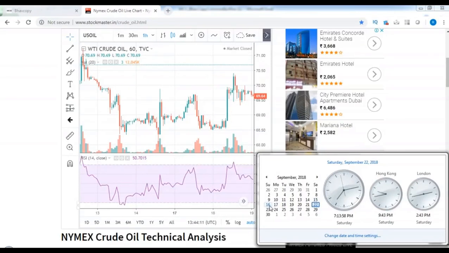If you look at it, 16th of September was a Sunday, for us. So 2200 over here is from where we see a continuous chart.